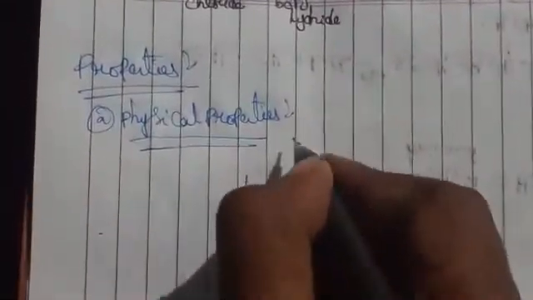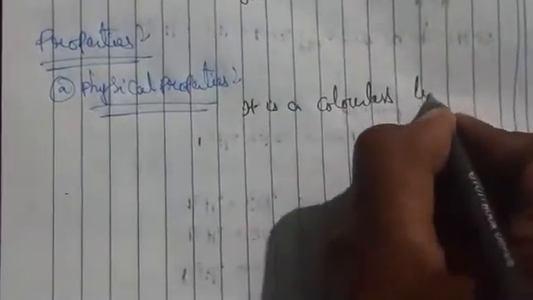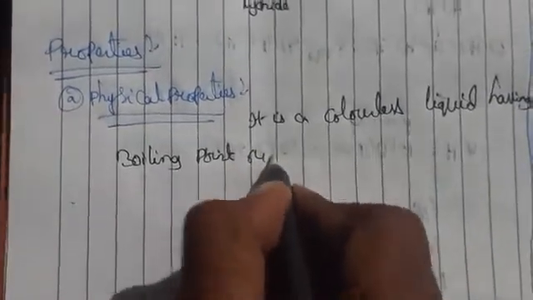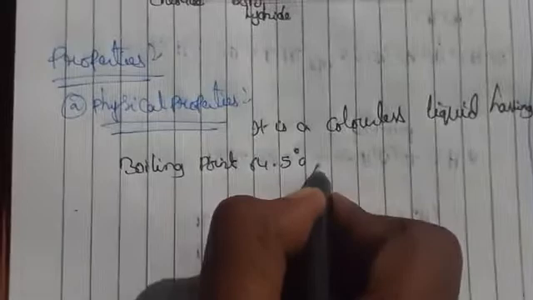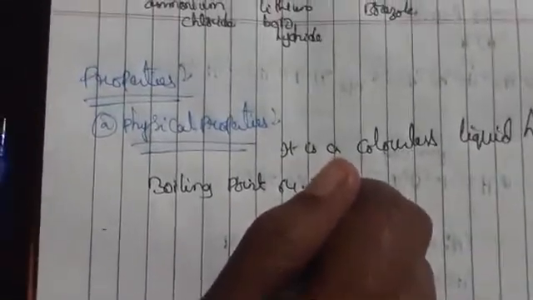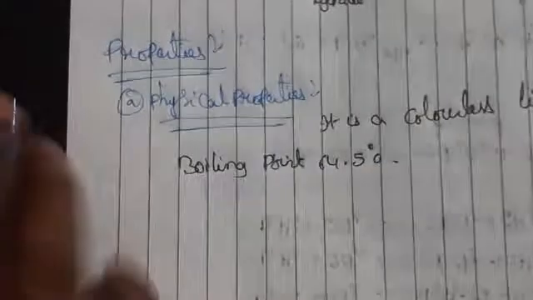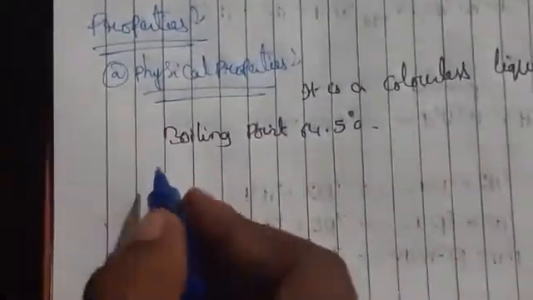So it is a colorless liquid having a boiling point of 64.5 degrees centigrade, with similar density and heat of evaporation. These are the most important physical properties.